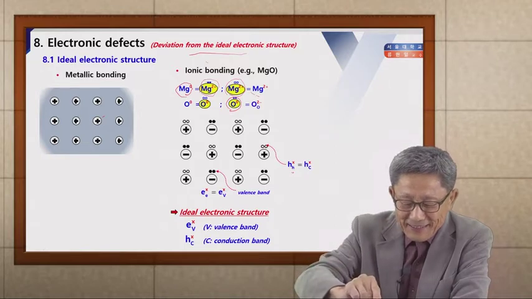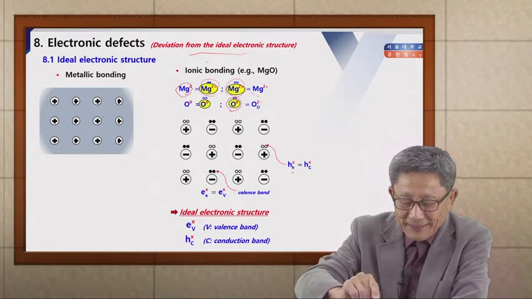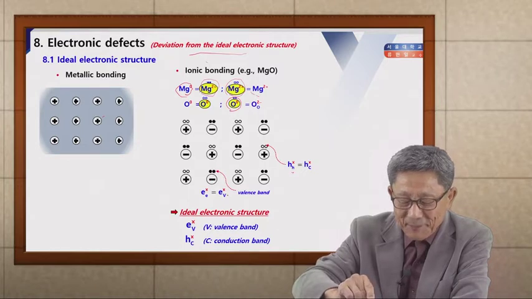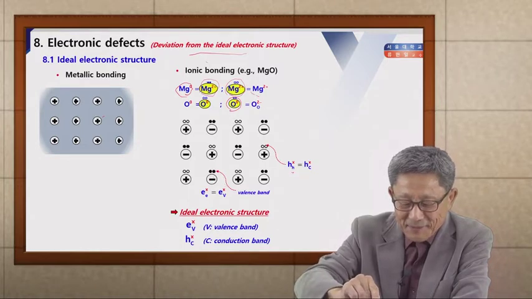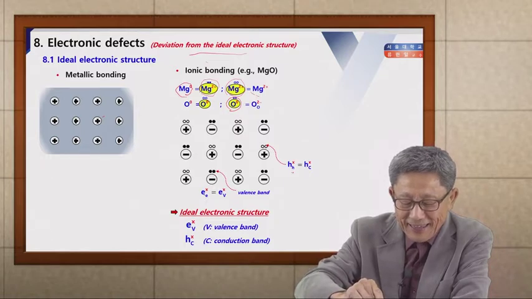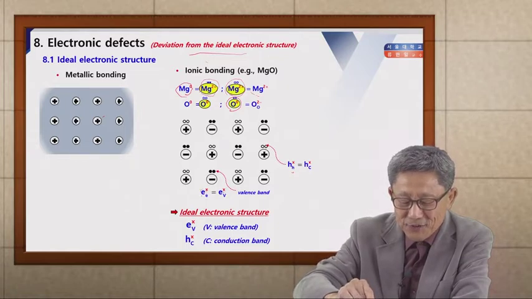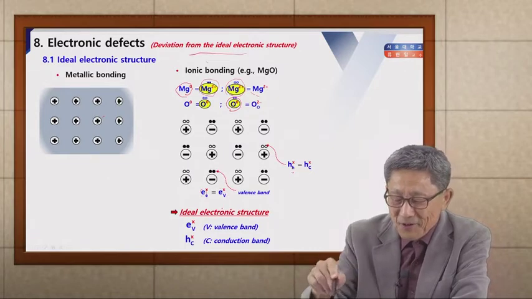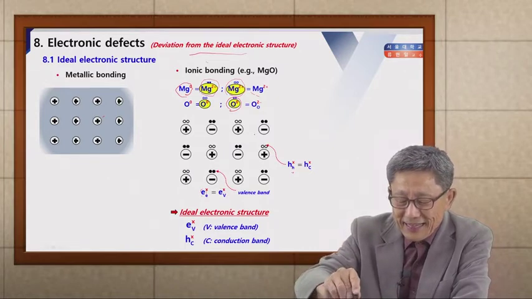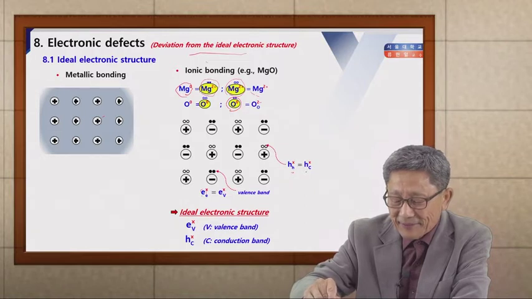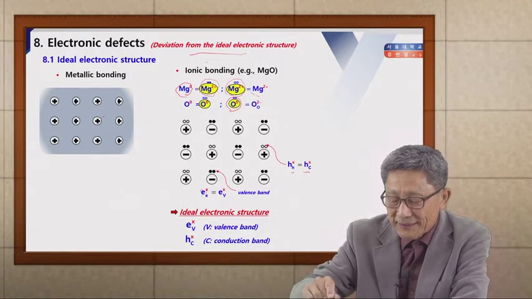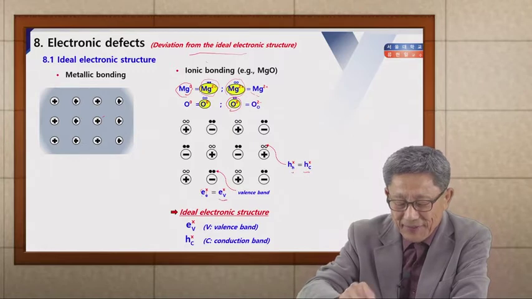What about these electrons in the outermost orbital of the oxygen atom? So this is called valence band. Now, valence band is supposed to be filled with electrons with a negative charge. And there, negatively charged electrons are sitting like this. Therefore, it makes neutral electrons. So normally, we represent this ideal state, the hole on the conduction band, and the electrons on the valence band.